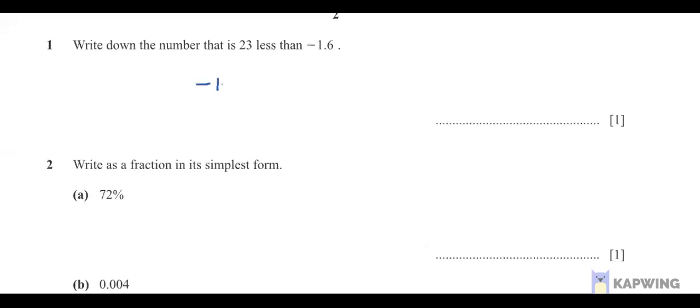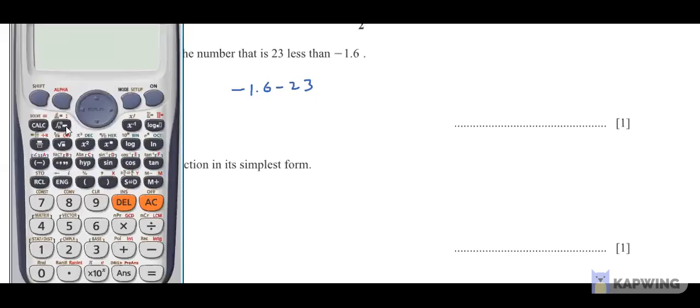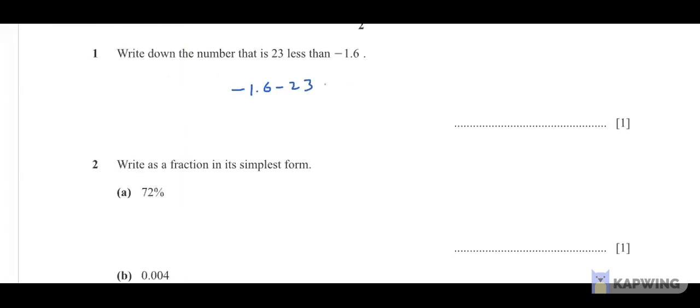So it will be minus 1.6 minus 23, because it is 23 less, so subtract it. What we will get: minus 1.6 minus 23 will be minus 24.6. Right here, minus 24.6.